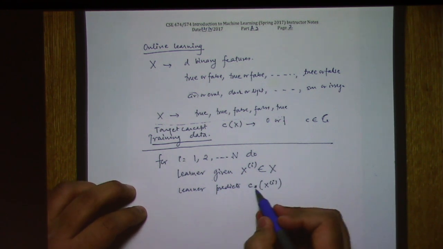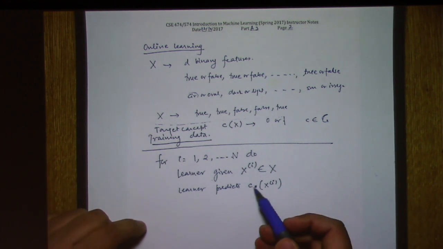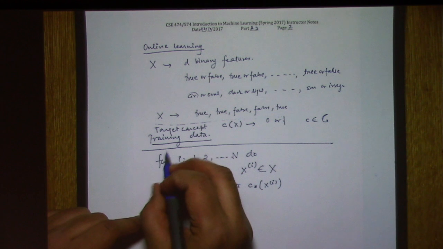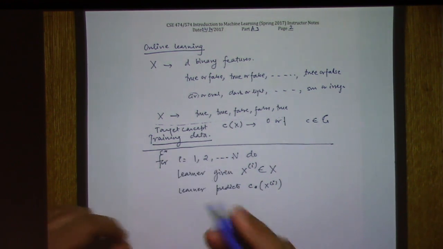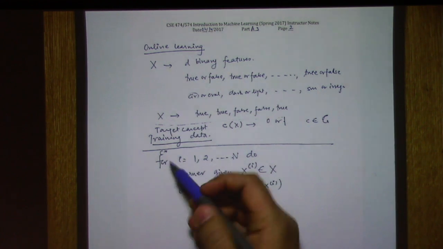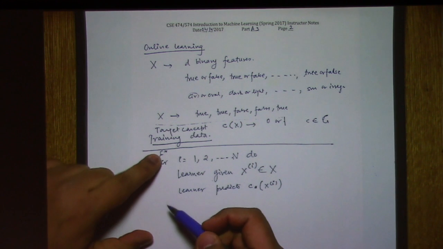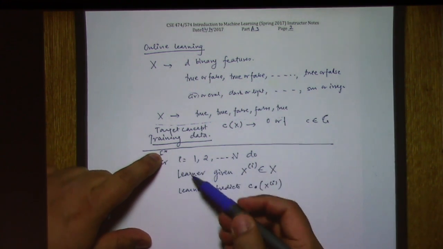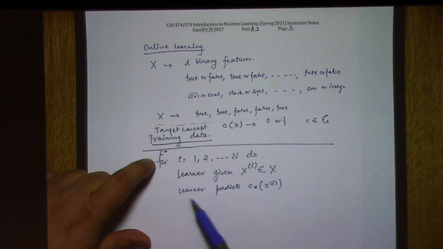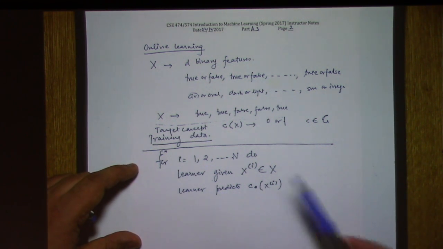C star is what the learner right now thinks is the target concept. It initializes with some C star, kind of like our other algorithms where we start with some initial hypothesis. You use that hypothesis to predict the class for x of i.